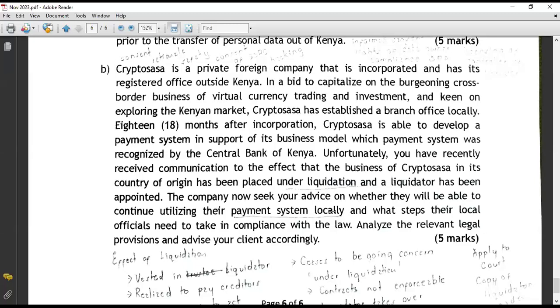So it will not necessarily continue or not continue. The link I'm trying to find is that in that instance, the liquidator of CryptoSasa comes in and steps into the shoes of the shareholders and the directors.